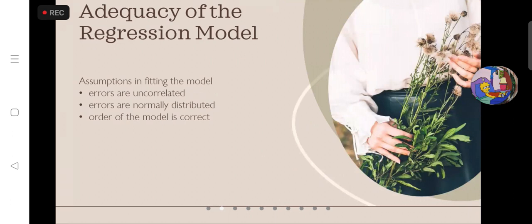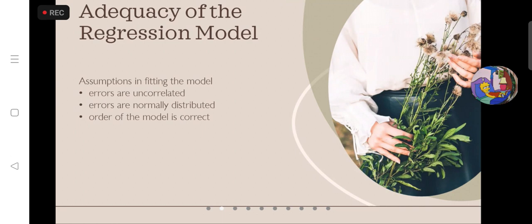So in our regression model, we only do assumptions. We assume that the errors are uncorrelated, the errors are normally distributed, and the order of the model is correct. So if we just do assumptions or estimations, there's still room for errors.